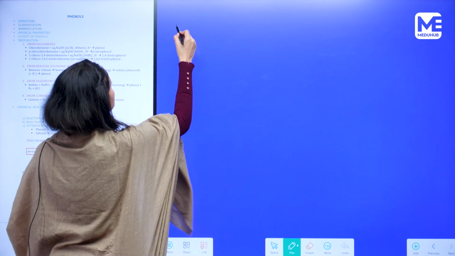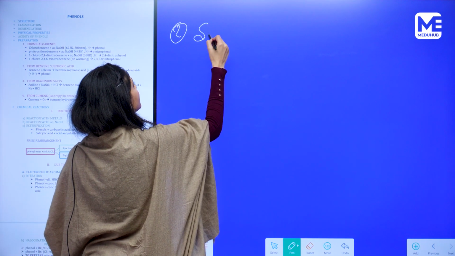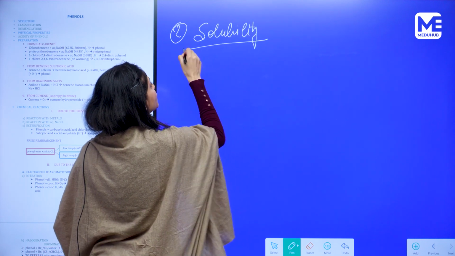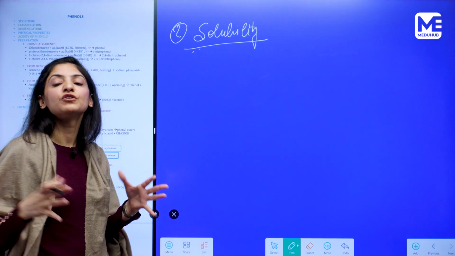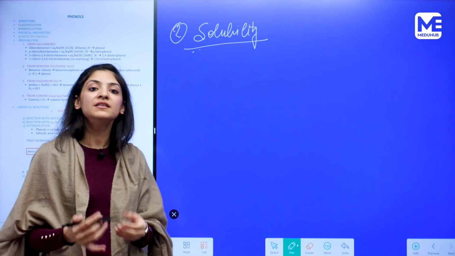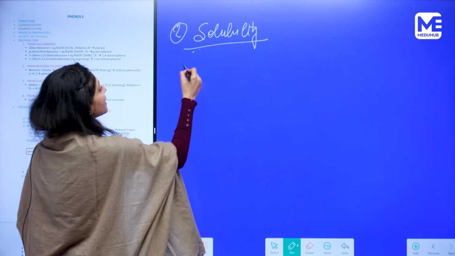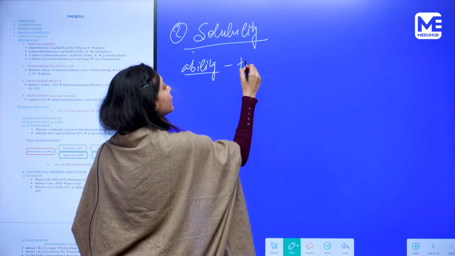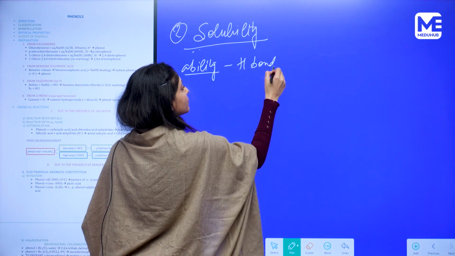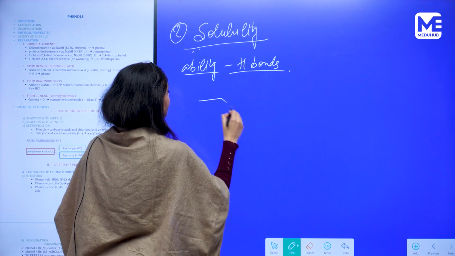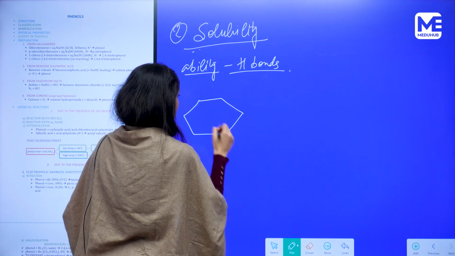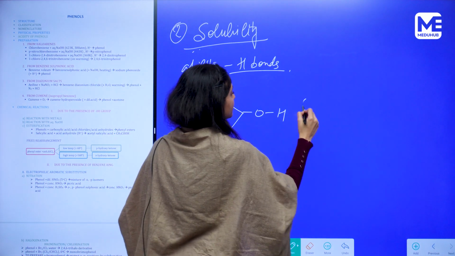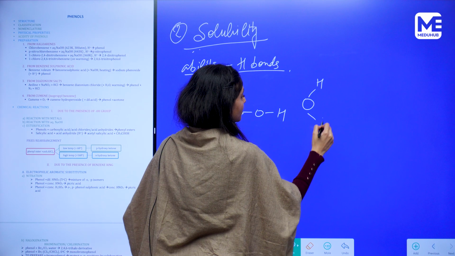Next physical property is solubility. So like alcohols, phenols are also partially soluble in polar solvents, and that is again because of their ability to form hydrogen bonds. So if we have phenol and we talk about water, right?